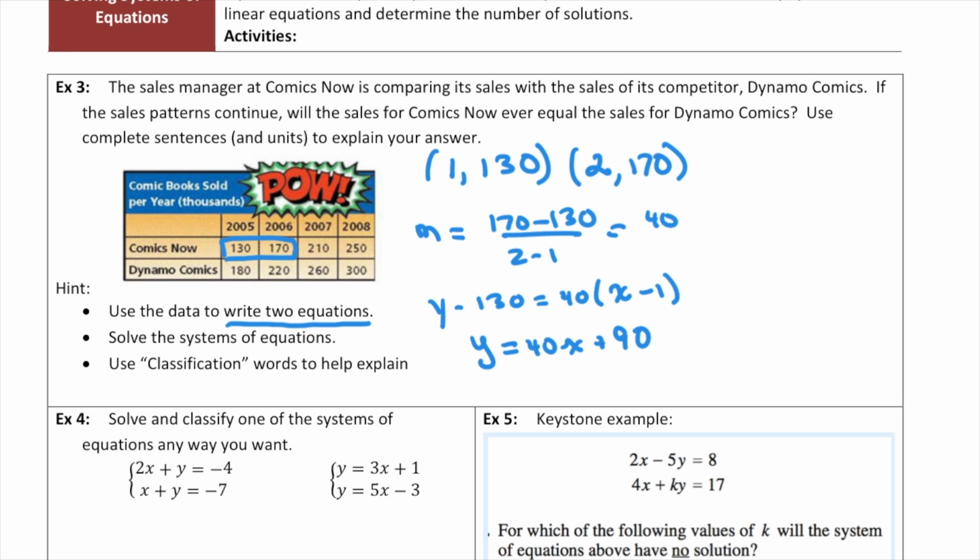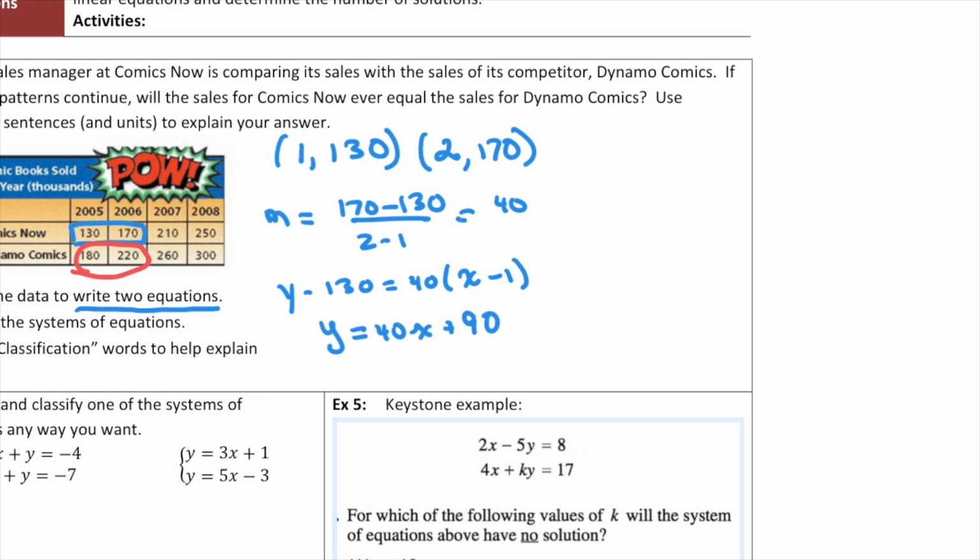This equation is going to be for my Dynamo Comic. And the 2 points I'm going to use for this equation will be (1, 180) and (2, 220). All right, to find my slope, so m is equal to, oh look at that, I get 40 again.